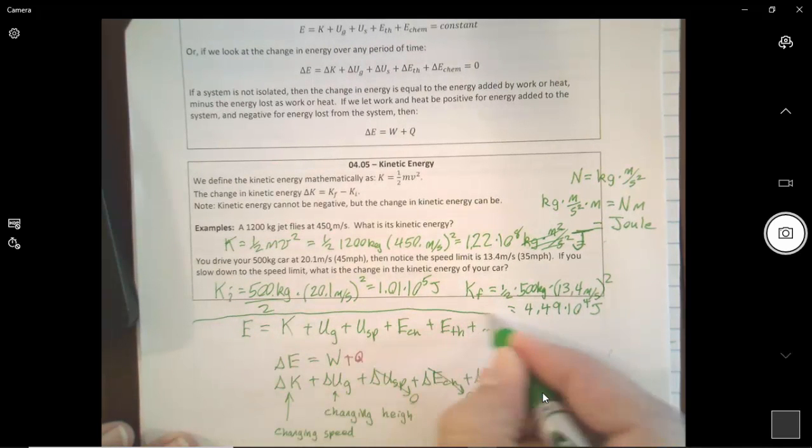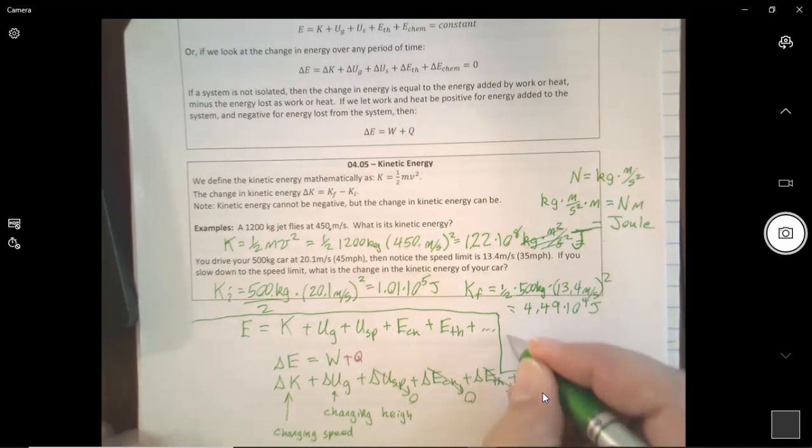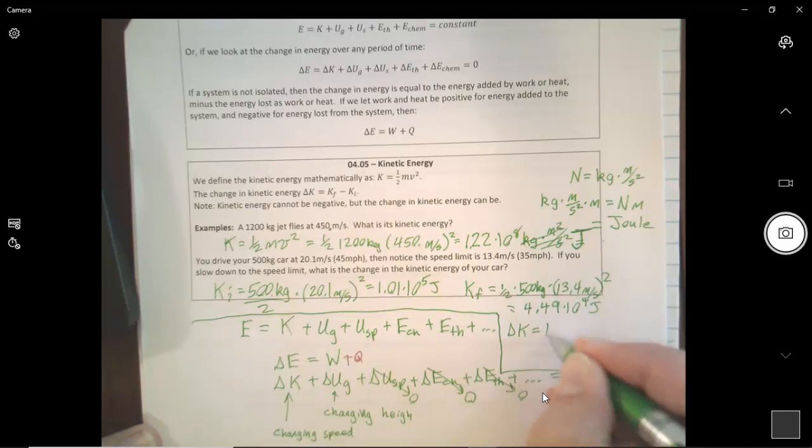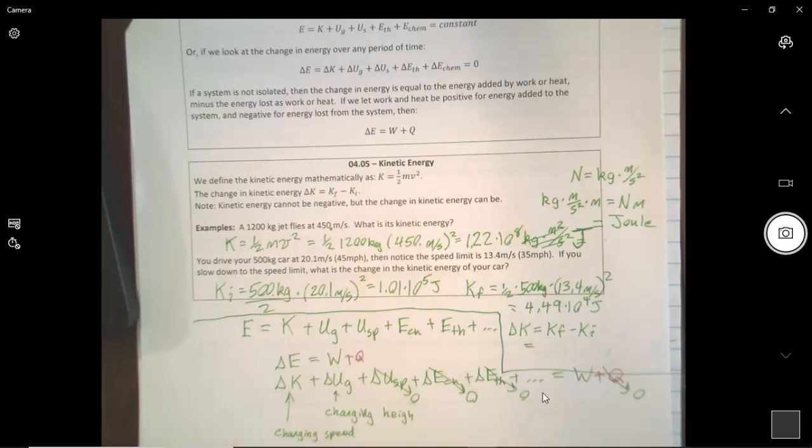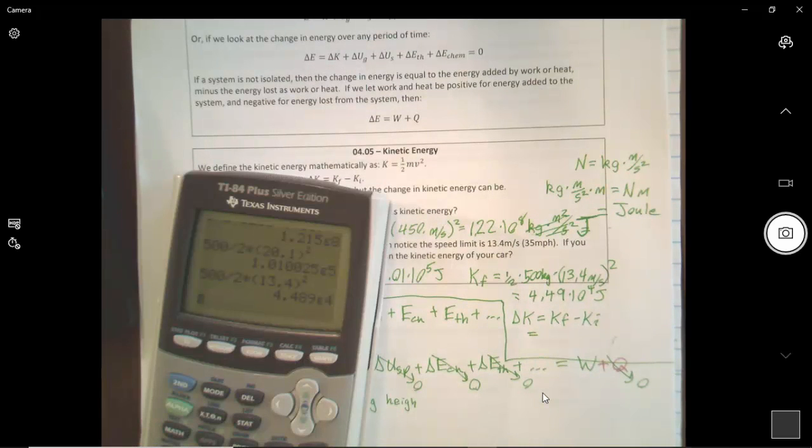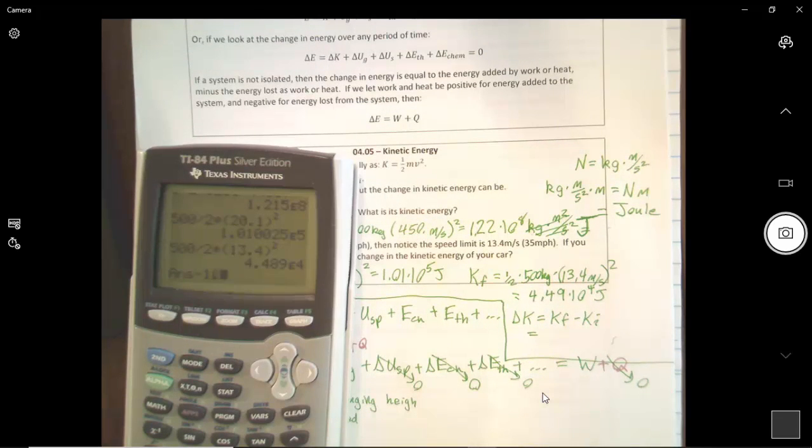Just make a little separator here so we can get the final value. So delta K is equal to Kf minus Ki. And so that is going to be equal to our 4.49 times 10 to the 4 minus our 1.01 times 10 to the 5.